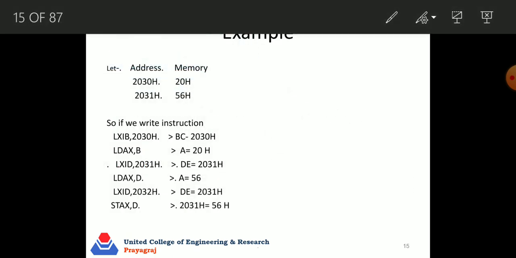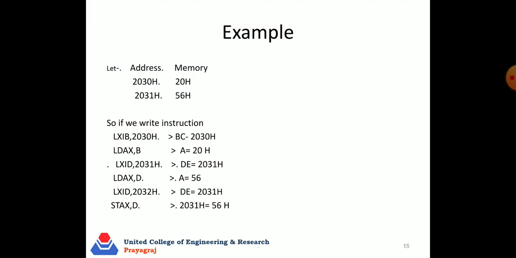Let's take an example. Let's suppose we have addresses 2030H and 2031H, and in this memory we have 20H and 56H. If we write the instruction LXIB 2030H, first we have to initialize the register pair, either BC or DE. After executing LXIB 2030H, BC becomes 2030H.